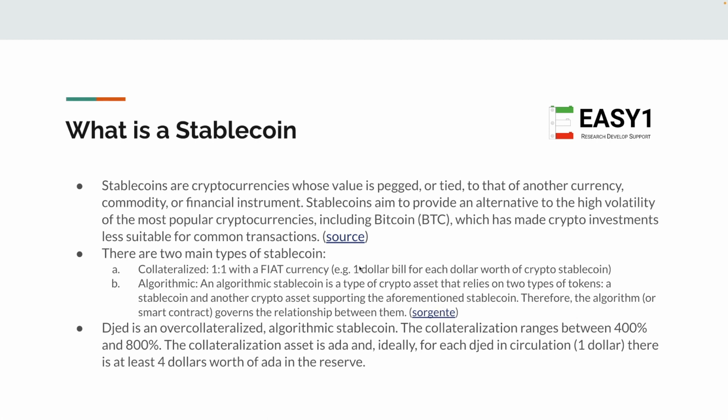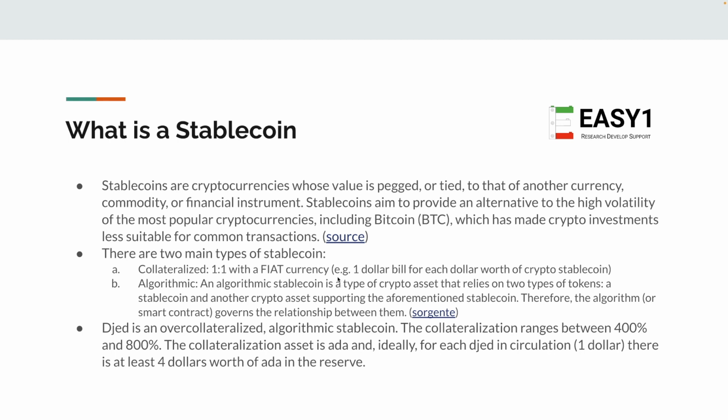So we have a stable asset, Djed, and then a supporting asset that in our case is ADA, the native cryptocurrency of Cardano. We will see that there is also yet another token called Shen, which has its own circulating supply and whose price depends on ADA as well. But without complicating things too much, we will get to this in a moment.